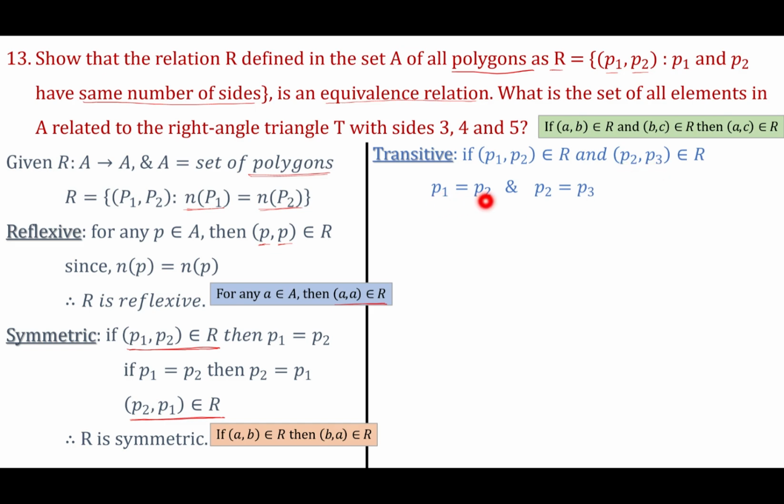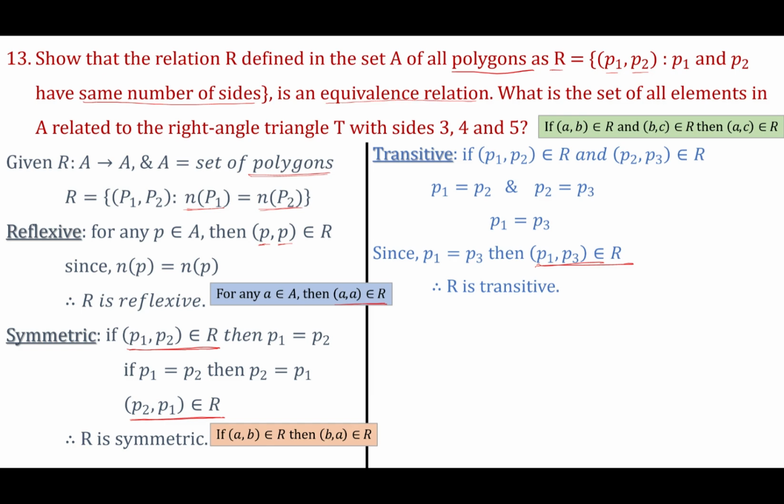If P1 equals P2 and P2 equals P3, that means the number of sides of P1 equals the number of sides of P3. Therefore, since P1 equals P3 and (P1, P3) belongs to R, that is what we have to prove. Therefore, the given relation is transitive.